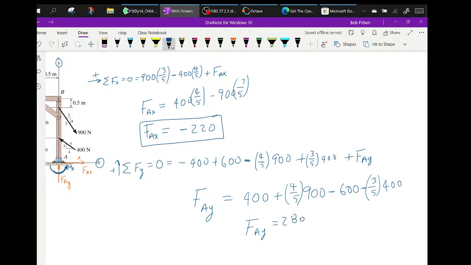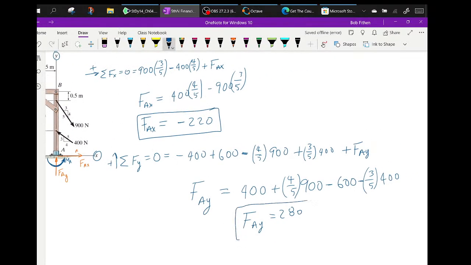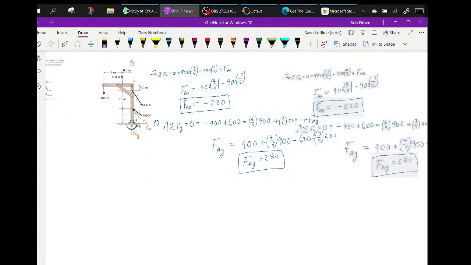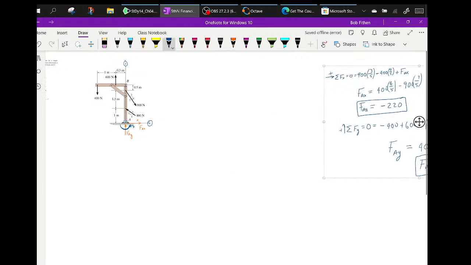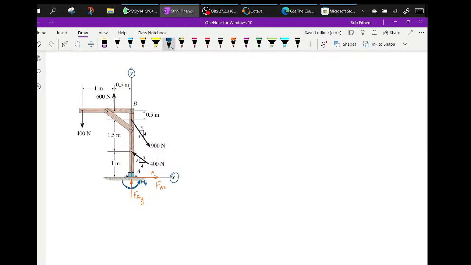Now, here comes the fun. In order to do the fun, I'm going to take this stuff and move it to the right a little bit, and rearrange it a little bit, but that's good enough right now. So now I'm basically summing the moments.